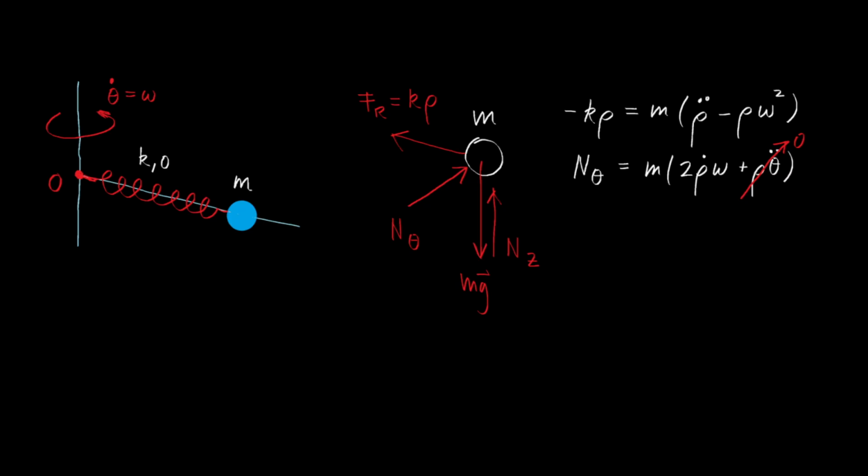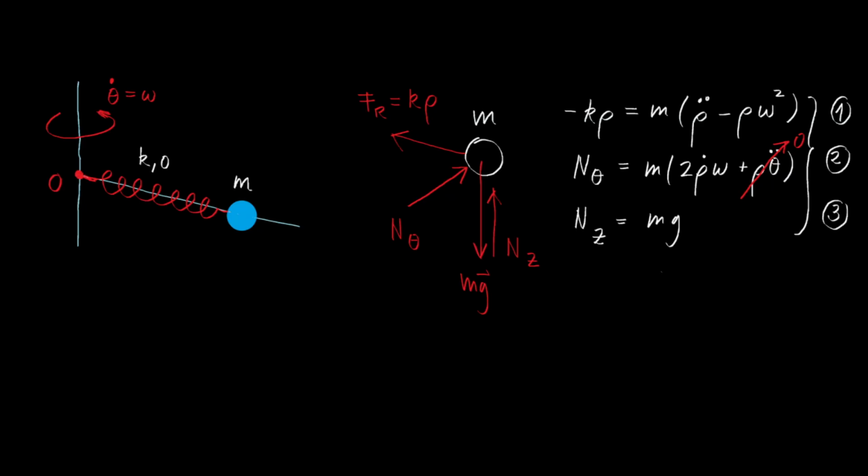And the third equation in the vertical direction is very simply n sub z equals mg. Strictly speaking, we are using cylindrical coordinates, but the third equation here will not be very important for us. The important equations for us are equations 1 and 2. I will anyway call this one equation 3. So these are the equations that we can write from Newton's second law.